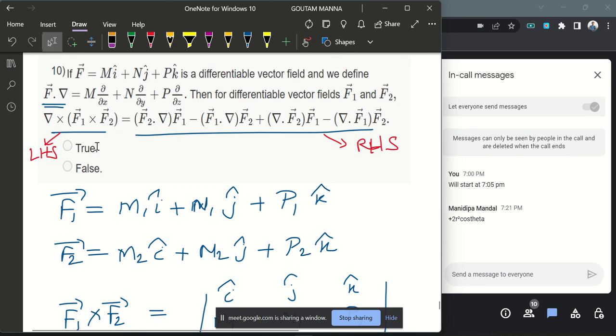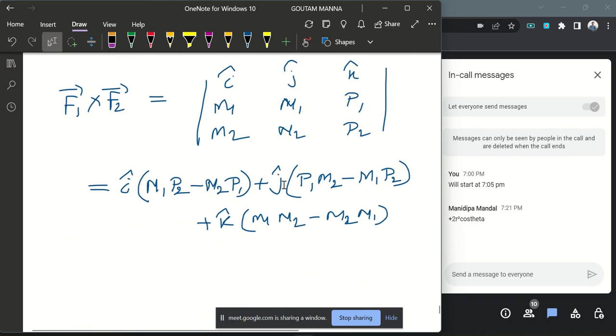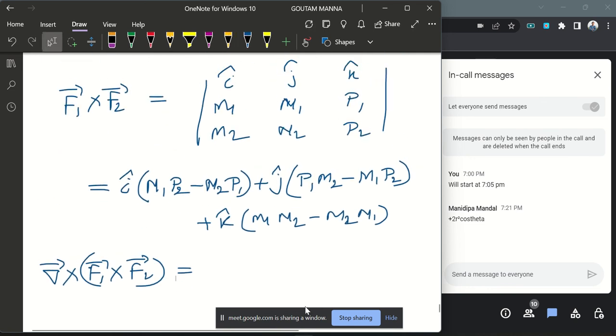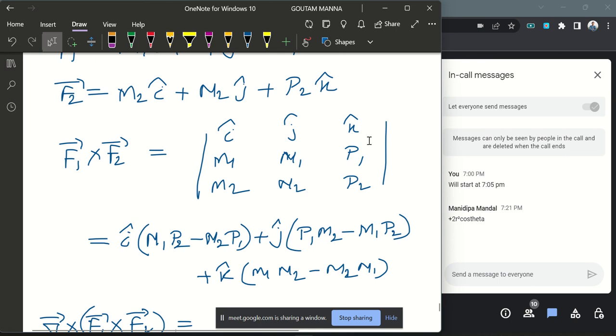So now if you again take the curl of this quantity, it will be a very big quantity, F1 cross F2. So if you take this curl, it will be, no, actually, if you take the minus, then I have interchanged here. Okay, so if you take the minus, then you have to interchange these two terms.